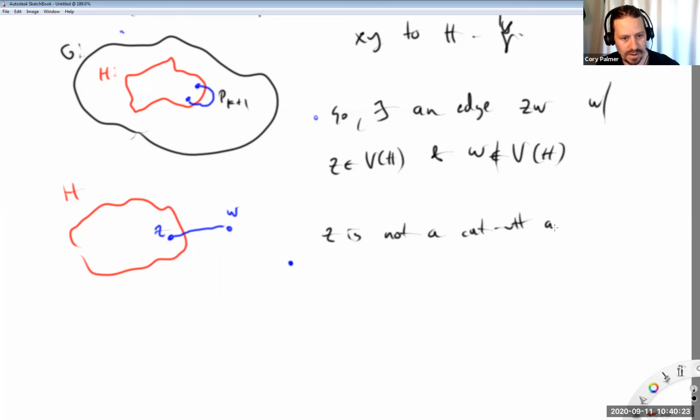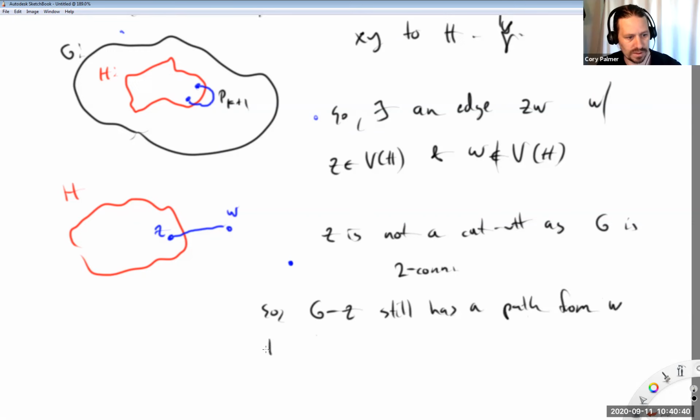Since G is two connected, there's no cut vertices. Okay, so G minus Z still has a path from W to H.